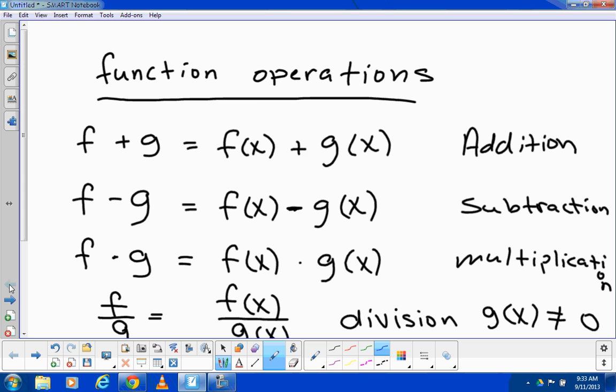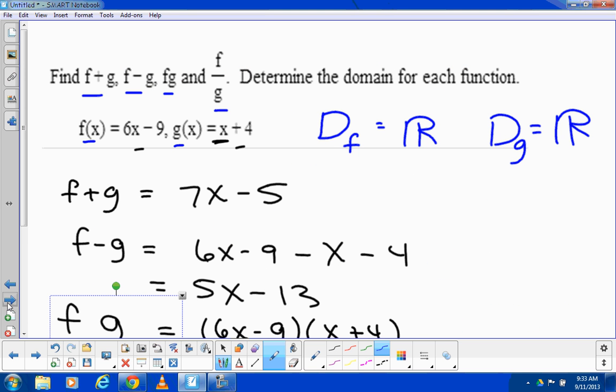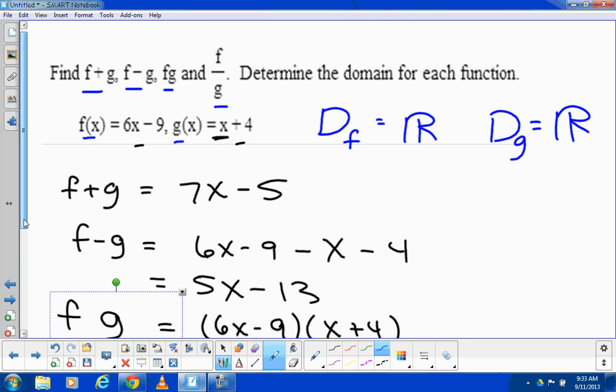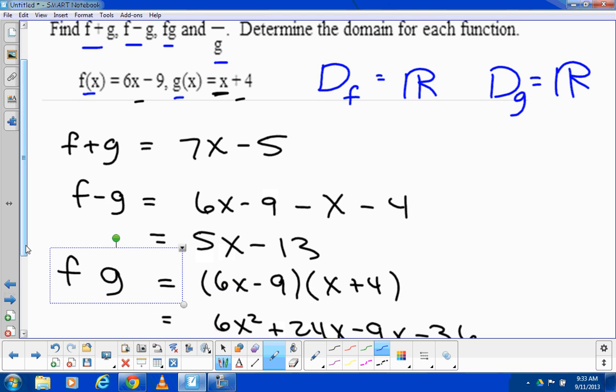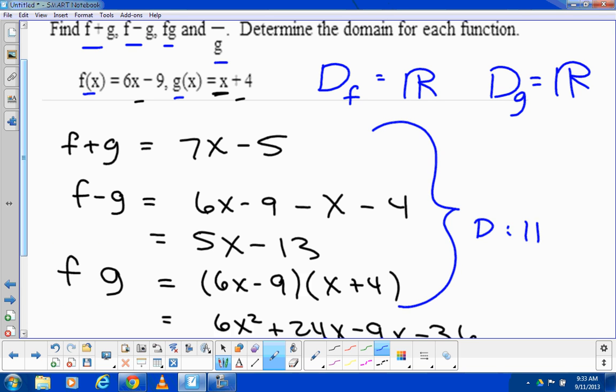Now, if I intersect all real numbers with all real numbers, guess what you get? All real numbers. That's the nice thing about f plus g, f minus g, and f times g: their domains are all going to be the same. So all of these, their domain is going to be all reals.